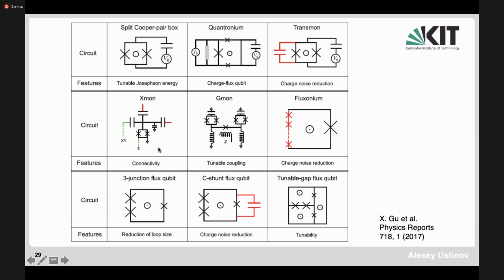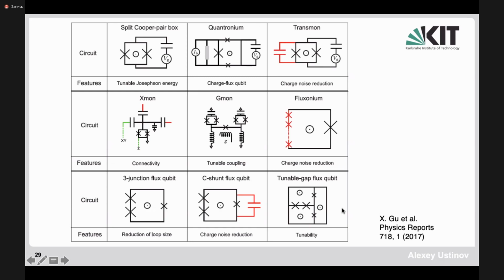There is an X-mon or transmon, there is a fluxonium, there is the so-called G-mon, where you have a tunable Josephson junction current, something which is realized with a semiconductor nanowire, which is controlled by an electric gate. There are also simple flux qubits such as the three-junction flux qubit, also the capacitively shunted flux qubit, where you have additional capacitance, and also the tunable gap qubit.